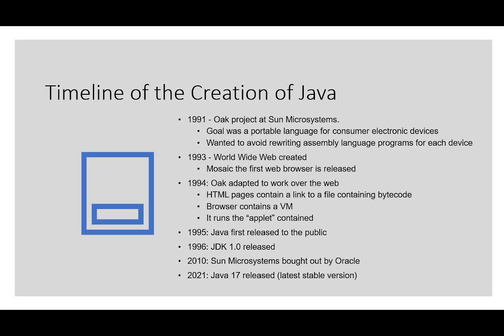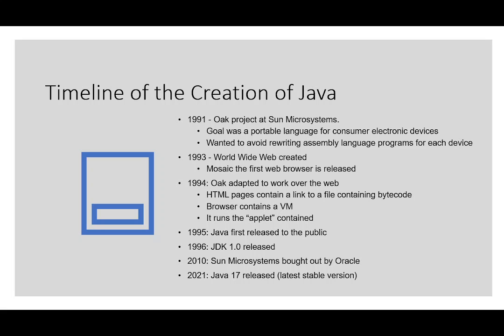So the timeline of the creation of Java. In 1991, Java was originally called the Oak Project at Sun Microsystems. The goal of the project was to create a portable language for consumer electronic devices like dishwashers and microwaves. All of these things have code in them, and they used to have to code each of these individually, rewriting the assembly language for each device.